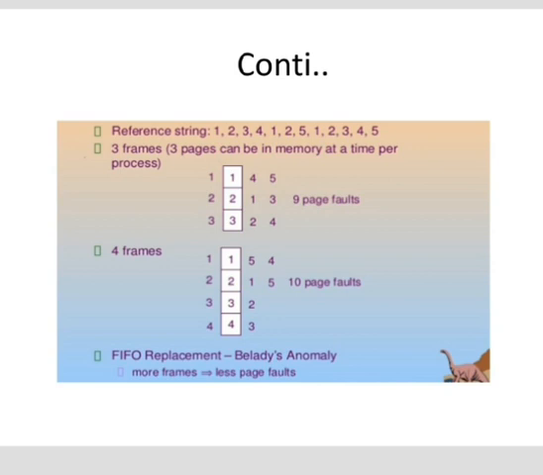So the algorithm for this is, first we have to read the initial values, that is, read the number of frames, read the length of the reference string, and read the reference string, that is the trace. Next is initialize. The array is initialized to -1 indicating that frames are empty, and the other array is initialized to 0.